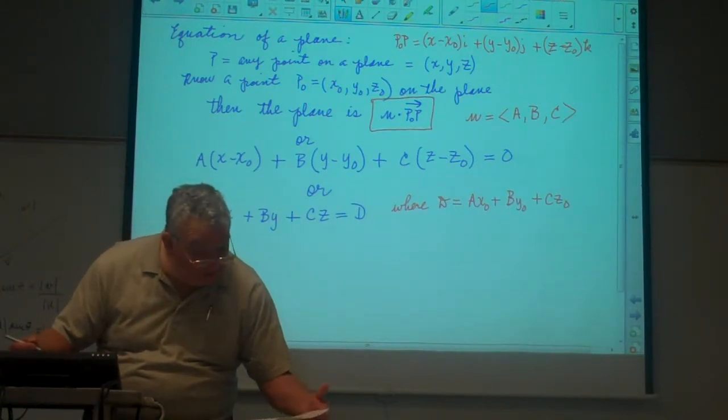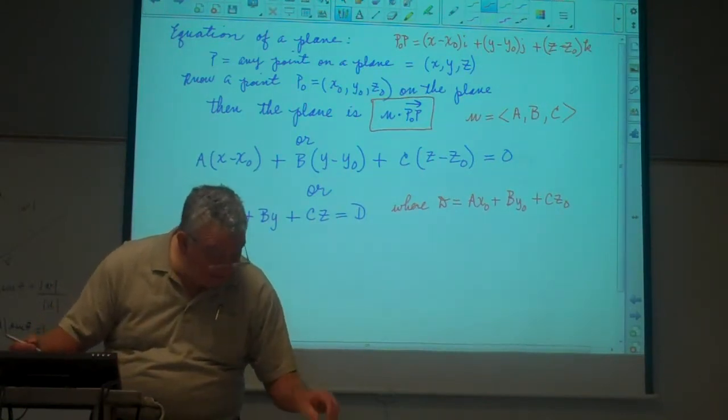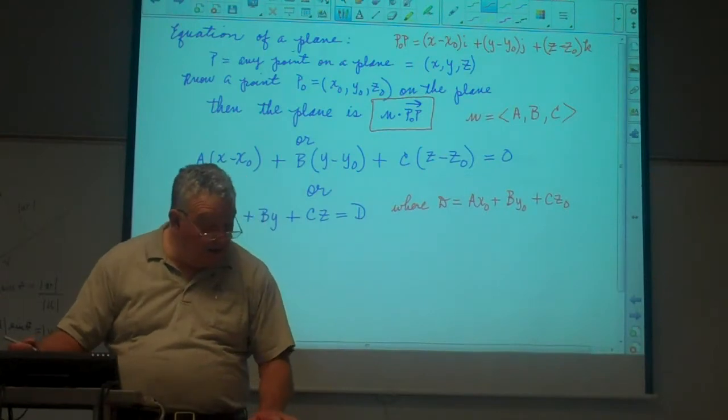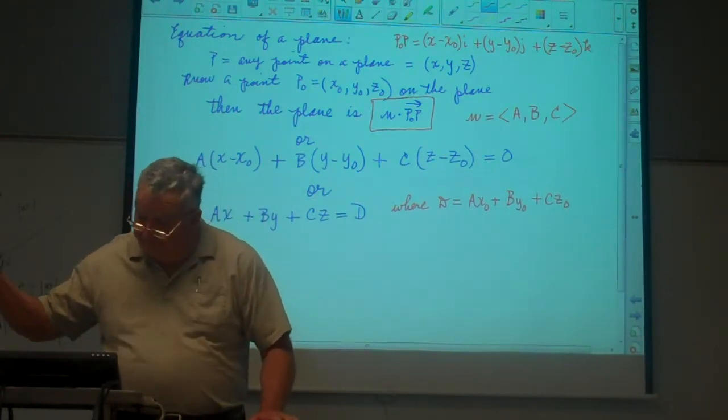See if I can't find it better. This is example 7 on page 710.